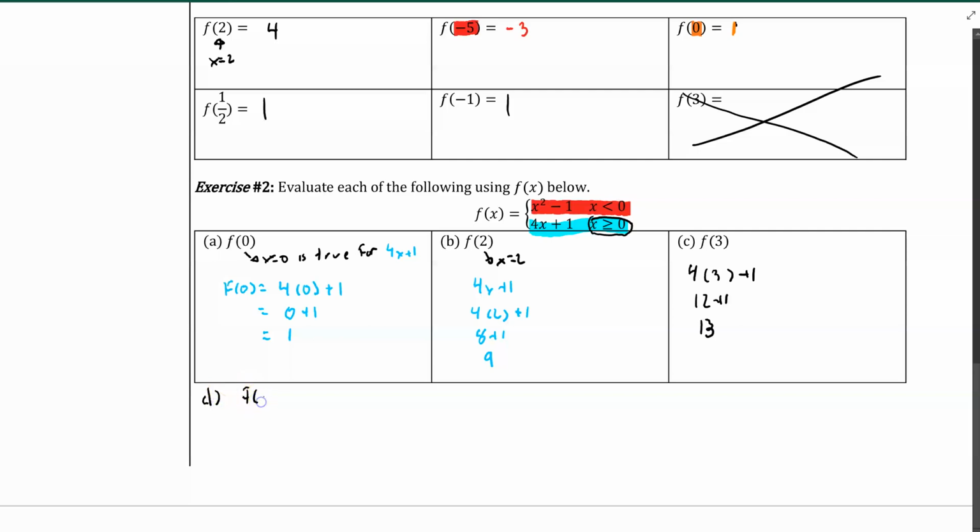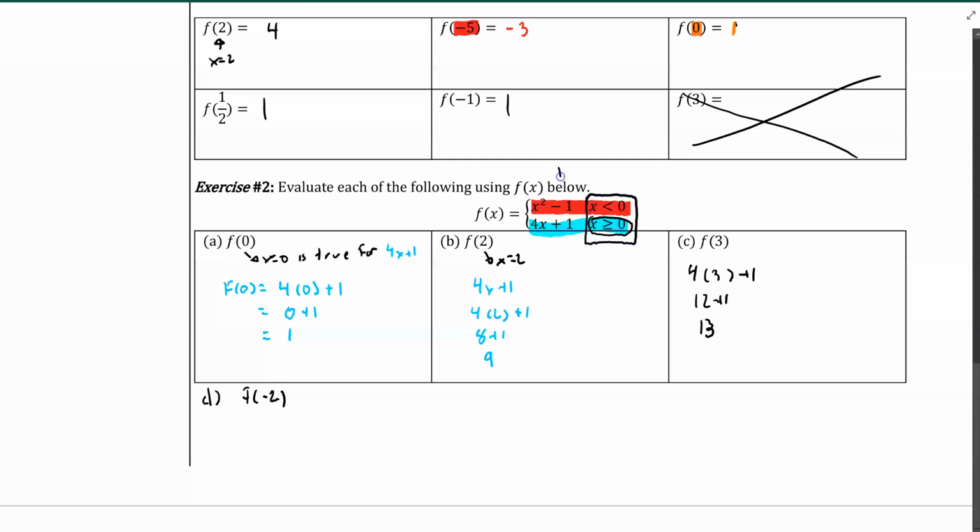f of negative 2. So in this case, negative 2 is not valid for the second equation because negative 2 is not bigger than 0. Negative 2 is smaller than 0, and so we use the equation in red. So when I'm saying when, I keep on referring to this set.